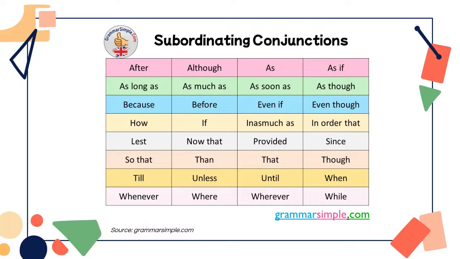Examples of these subordinating conjunctions are after, although, before, because, whenever, unless, and so on. You can see it in the slide. And there is one more type of conjunction, which is the relative conjunction, for example, who, that, which, and so on.